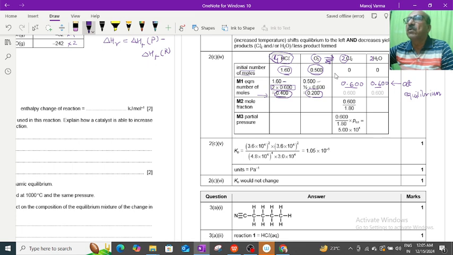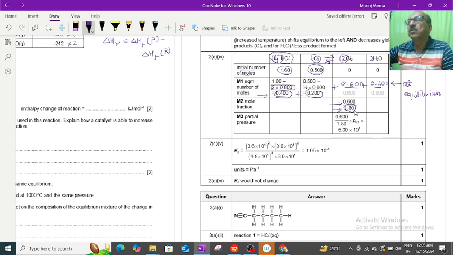That means the moles of all of these: 0.4 plus 0.2 plus 0.6 plus 0.6. If you add all, you can easily see that it becomes 1.8. So the mole fraction of chlorine is the number of moles of chlorine divided by the total number of moles of all the substances which are present at equilibrium.